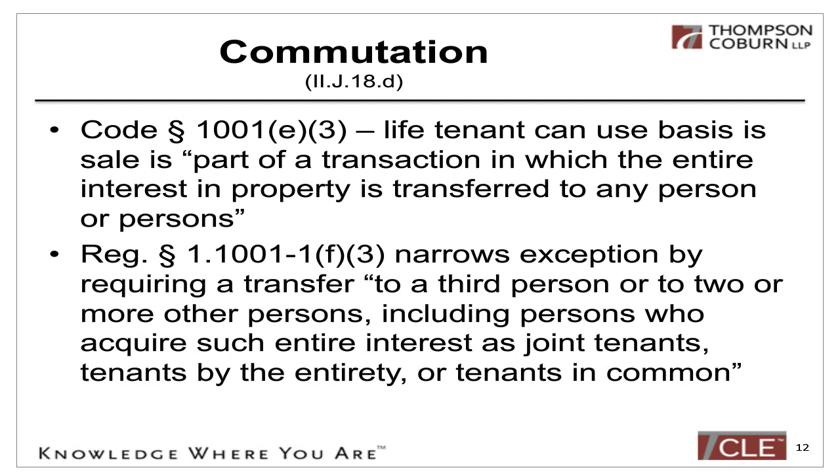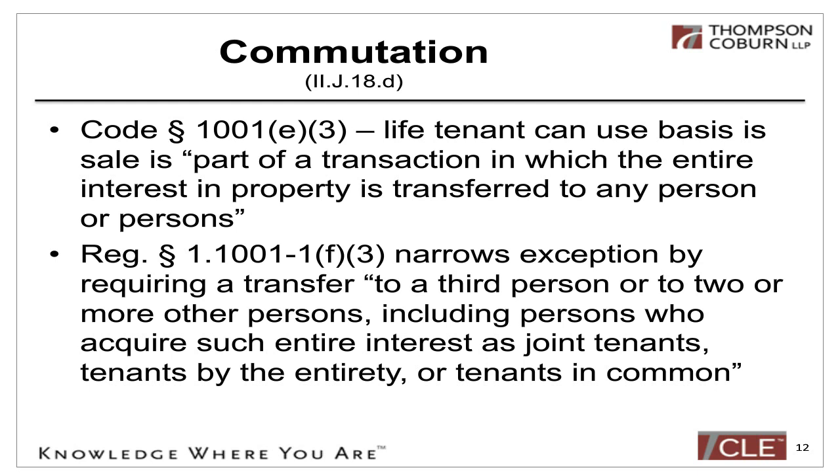And the regulations narrow this by requiring a transfer to a third person or two or more other persons. So in 1001(e)(3), if the life tenant sold to the remainderman, that would be okay, and the life tenant would be able to get basis for that, because the entire interest in the property was transferred.